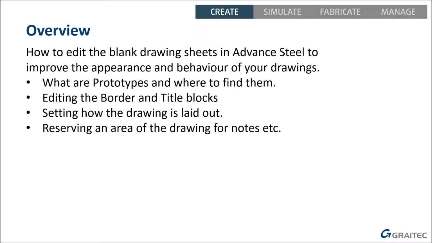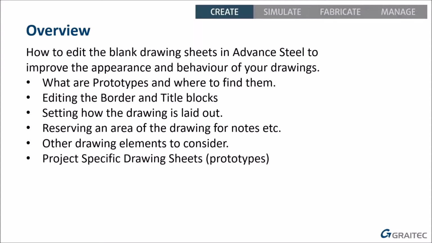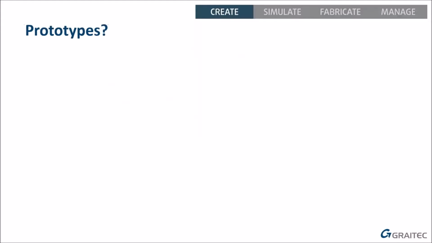You need to make sure the drawing doesn't go over them, and other things in the prototypes you need to look at or consider as well to enhance the appearance. And a common question is project-specific drawing sheets, so different sheets for different projects, maybe with the customer logos on and so on. How do you do that easily?